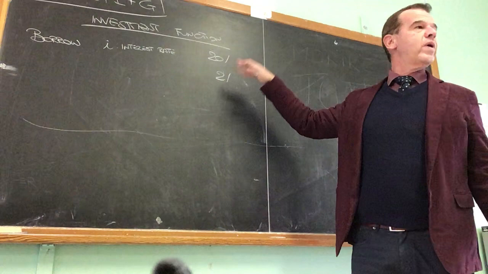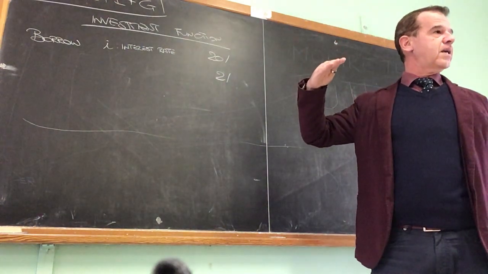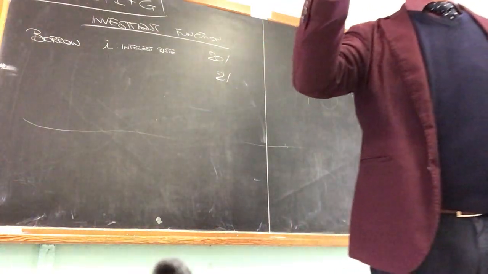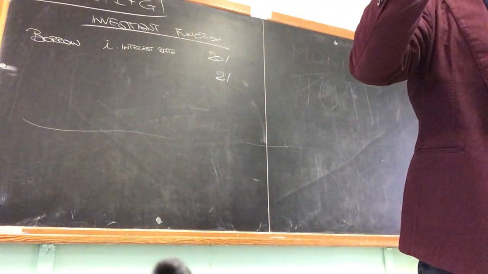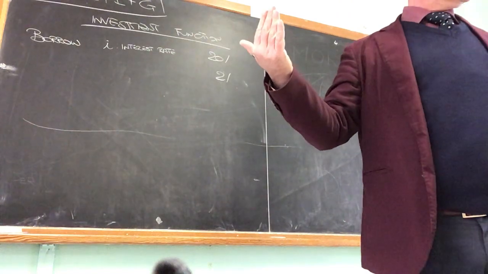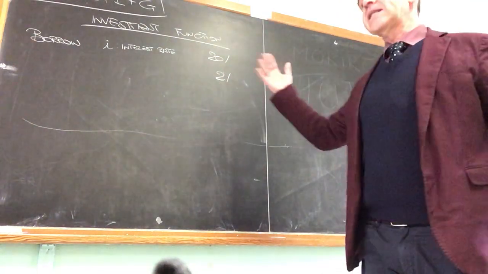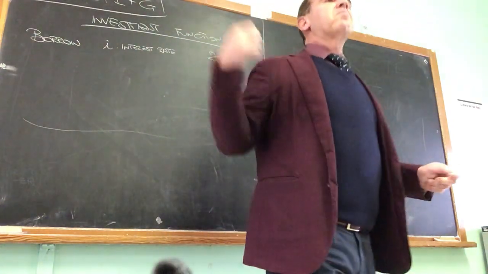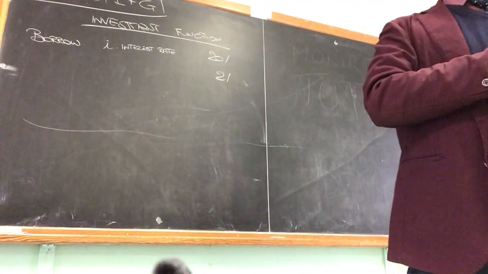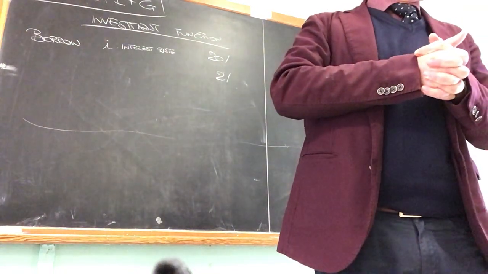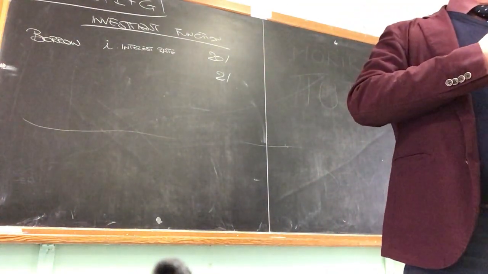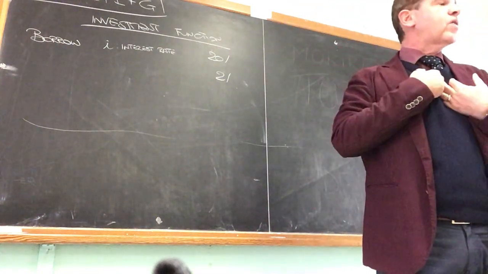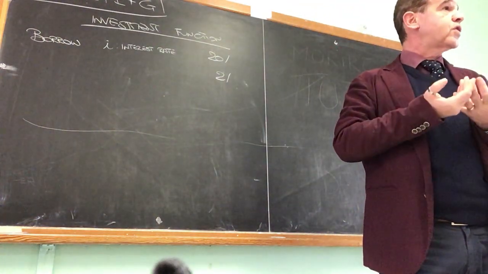So the lower the interest rate, the more people will be keen on borrowing money, so they will be keen on investing. If the interest rate is very low, you can think, oh, I can take a loan and buy a house as an investment and rent it, etc. But if the interest rate is very high, you probably won't even buy a house for yourself because it costs too much.